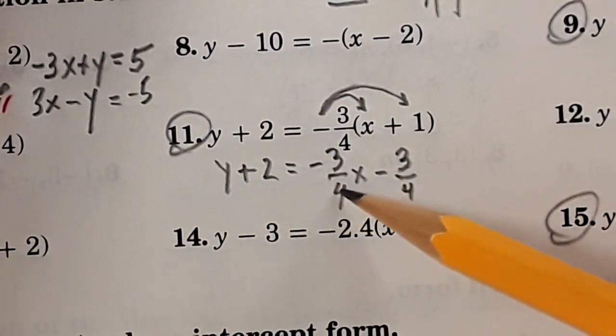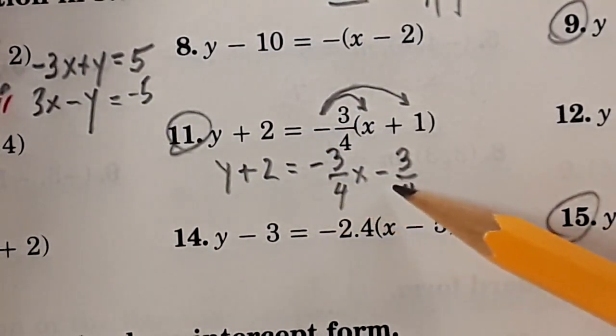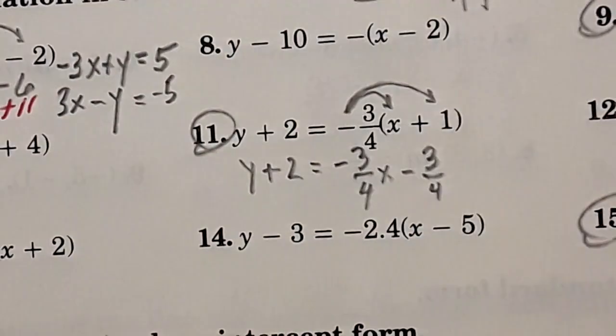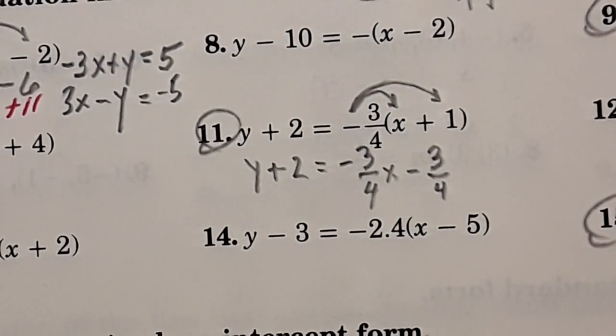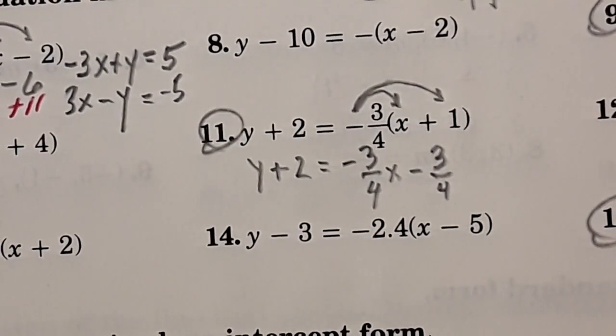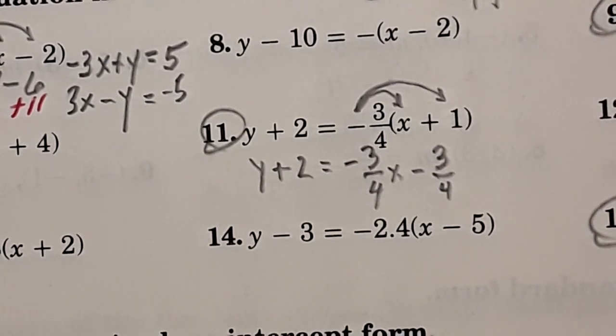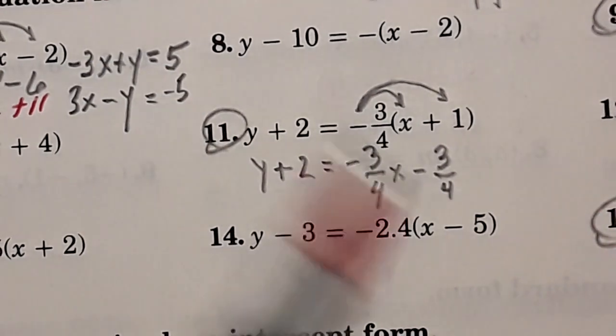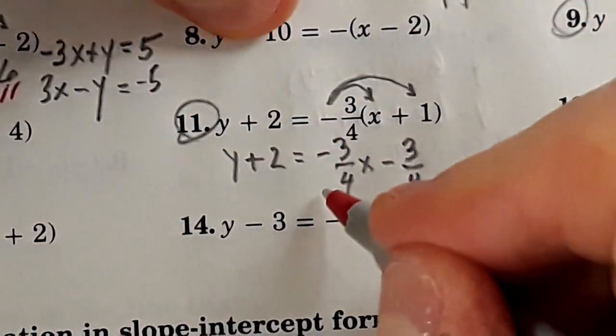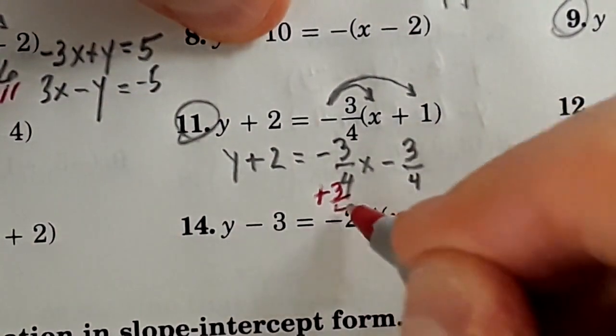Could you get rid of that 4 in the denominator first? How many would want to get rid of that 4 first? Raise your hand. How many would move the negative 3/4 x to the left side first? All right, let's do that first. Let's keep it consistent. So we're going to add 3/4 x to both sides.